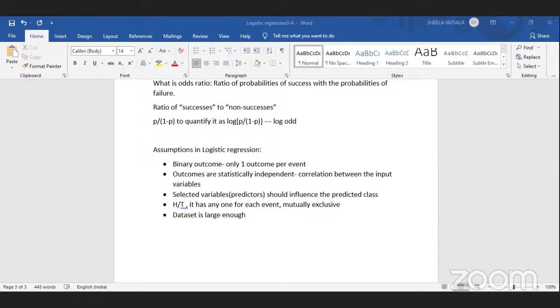N minus 1. What do you mean by n minus 1? Degrees of freedom n minus 1. So why do we have it as null deviance separately?